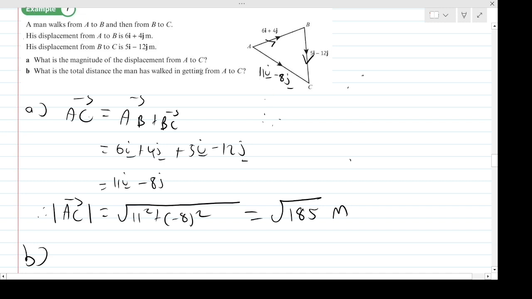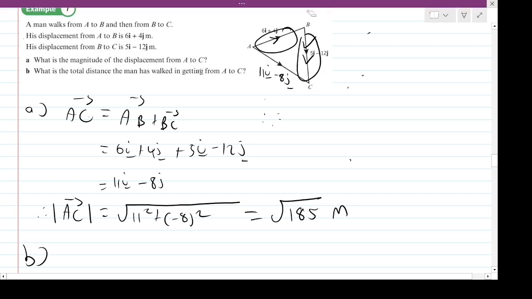He walked along this path here, along the triangle from A to B, then B to C. So it's not the distance from A to C directly. We need to work out the individual distances from A to B and B to C, because that's where he actually walked, right?